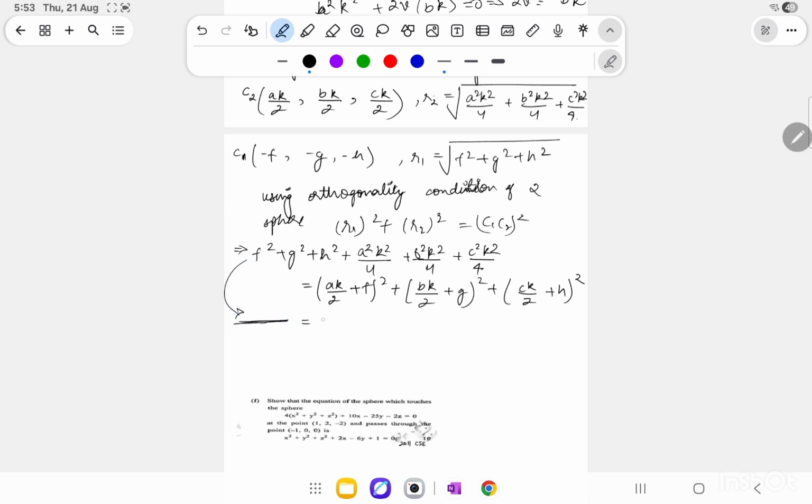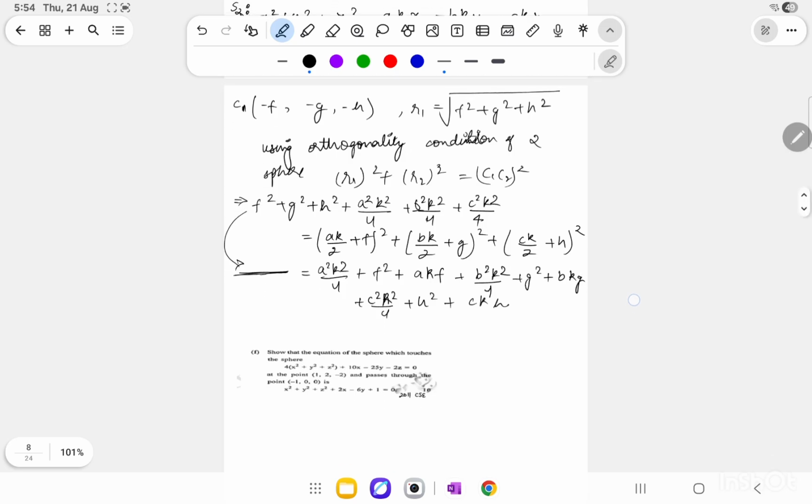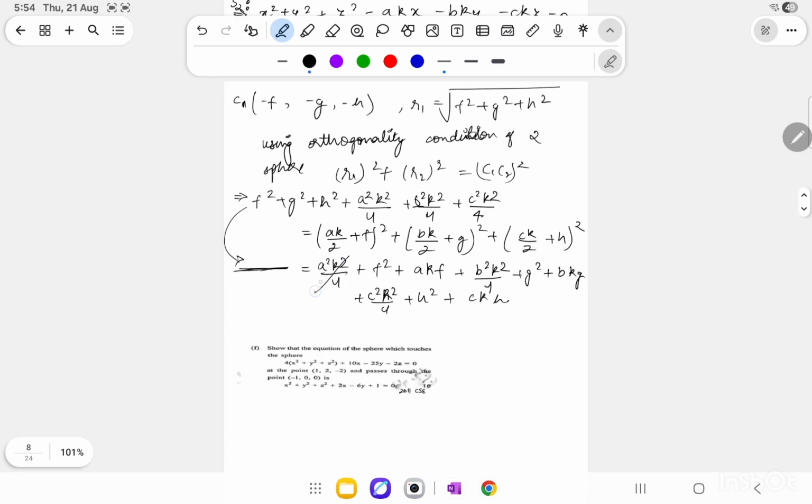So if I simplify the right hand side, I'll get a square k square by 4 plus f square plus akf plus b square k square by 4 plus g square plus bkg plus c square k square by 4 plus h square plus ckh. So I see that this term balances out the one on the left hand side, likewise this one balances out this one, c square k square by 4 balances this, likewise we can balance out f square, g square and h square.